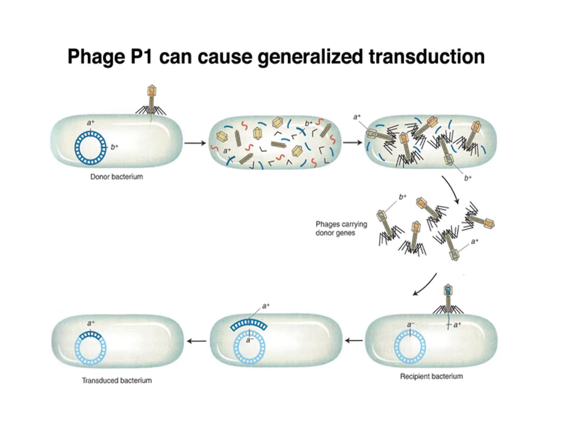Okay, the generalized transduction idea is that phage P1 inserts its DNA into the cell, leading to replication, production of new phage particles, assembly of new phage particles inside the infected cell, and then lysis of the infected cell, which can then go ahead and infect new cells.